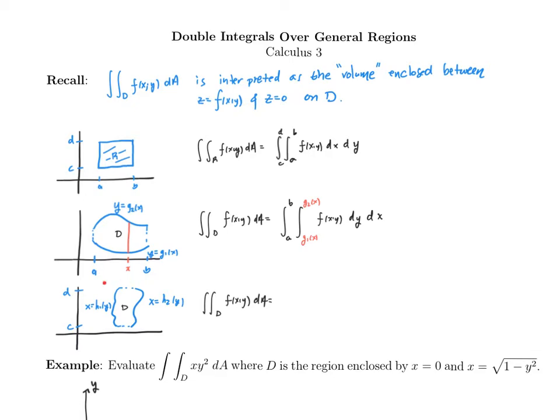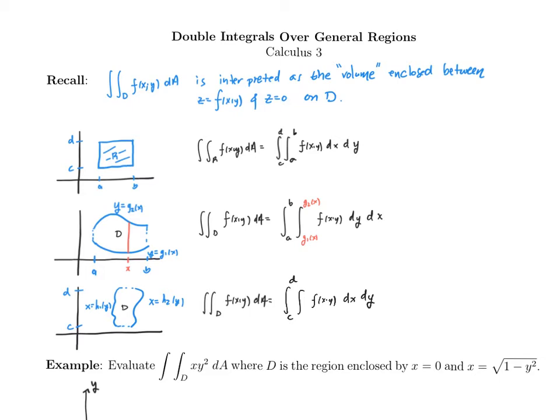In terms of the third example that we have pictured, note in this case we see that the region D is bounded nicely in the y direction between numbers c and d, and in that horizontal x direction it's bounded by nice continuous functions h1 and h2. So that's an indication that when we set up our limits of integration and we want numbers on the outside, we should go dy on the outside, dx on the inside. In terms of y values on the outside, we're varying from c to d.